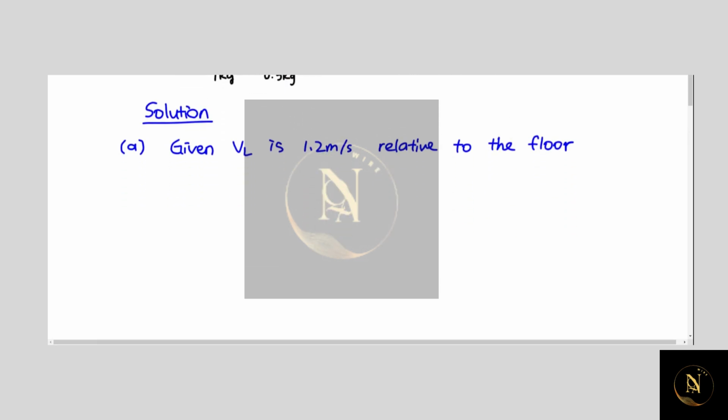In part A, VL is 1.2 meters per second relative to the floor, and we can just use conservation of momentum to find VR. Initially the whole system is at rest, so 0 equals ml VL plus mr VR.